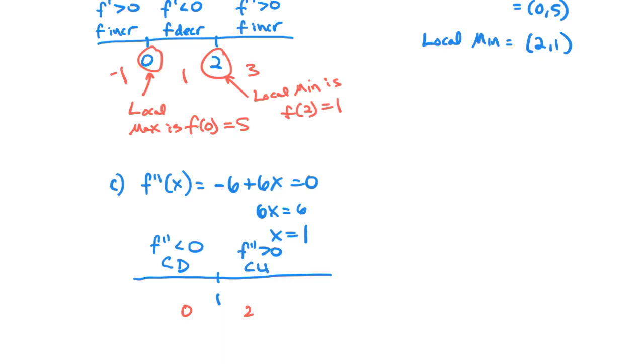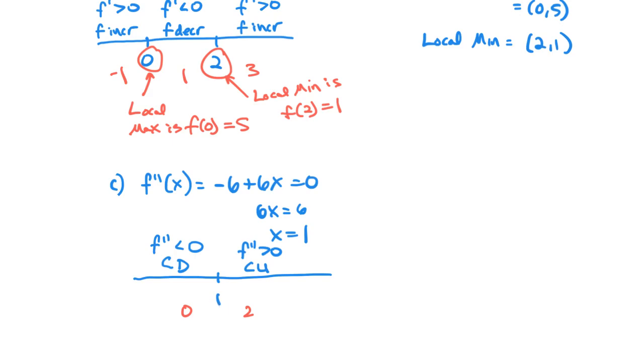So the key is that concavity changed here. If it didn't, if this is concave down and this is still concave down, then this is not the x-coordinate of an inflection point. But in this case, concavity changed, so this is the x-coordinate of an inflection point.